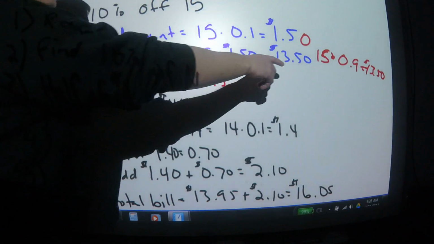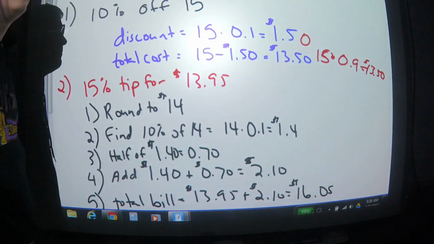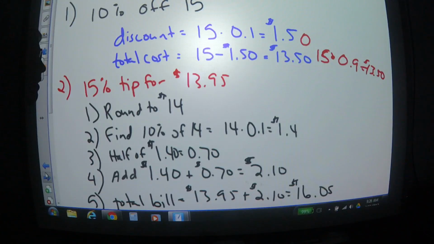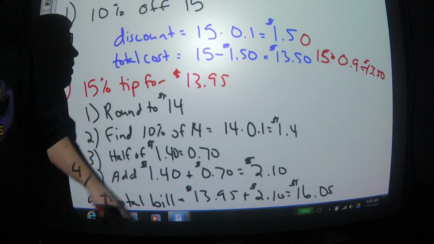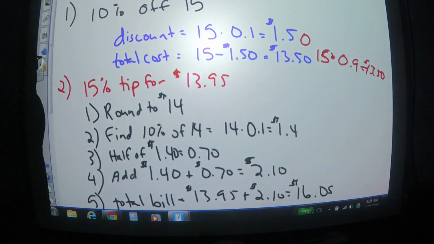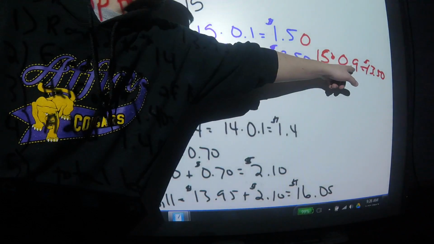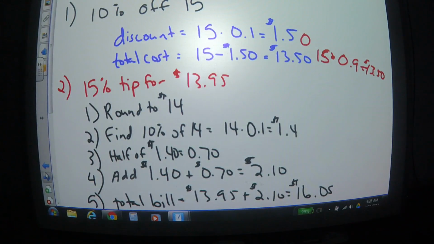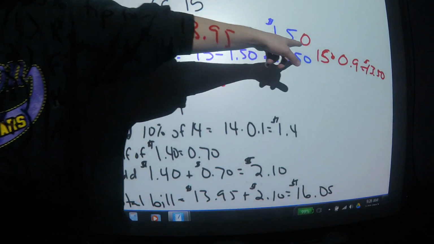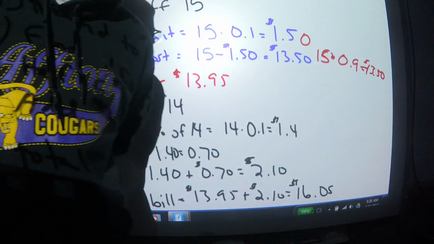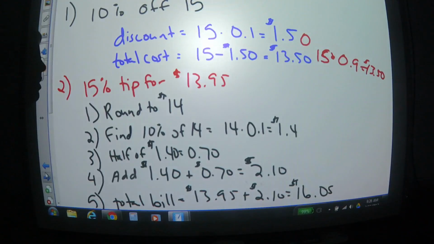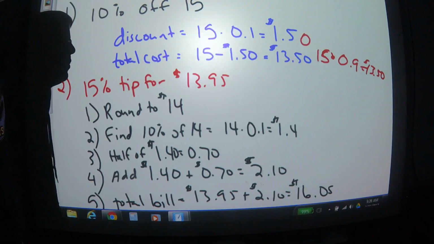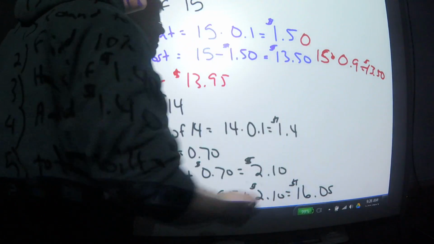Take 15 times 0.9. 15 times 9 is 135, but remember that's actually times 0.9, so you move the decimal place over one place, and you get $13.50, which is the exact same amount. Let me correct myself, sorry, 15 times 9 is 135.